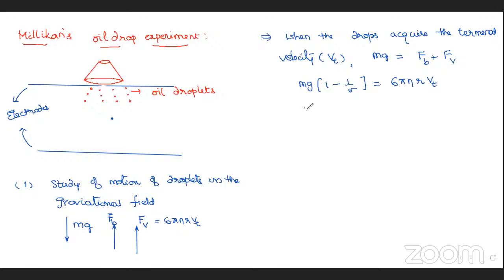So if we transform this again, this is mg into 1 minus sigma, where rho of the medium, here air, by sigma, you know the idea, Nana, rho s by rho l. Yes, sir. Here rho s means they are liquid drops, and rho l means they are falling in air. So 1 by sigma is rho air by rho of liquid, equal to 6 pi eta r Vt. Here you are going to find out the radius of the drop.